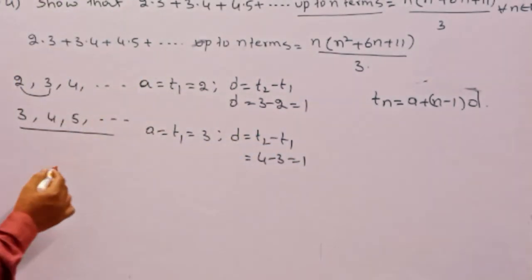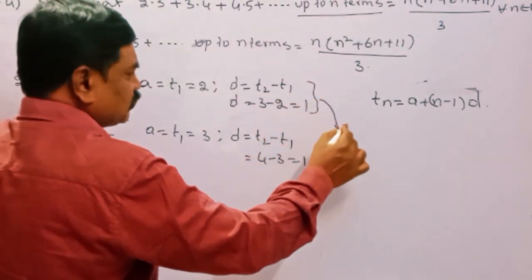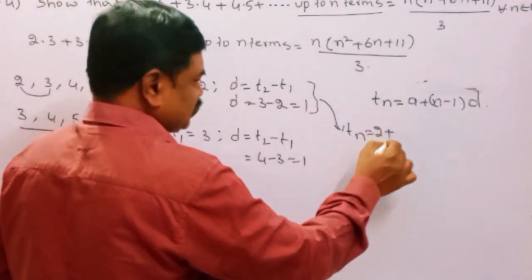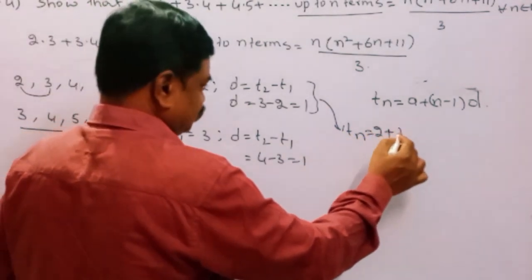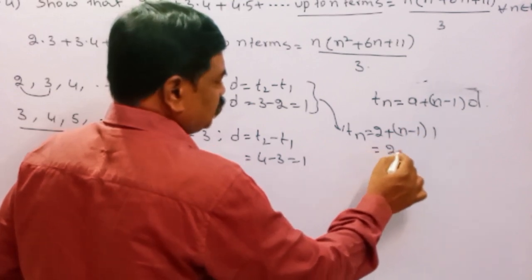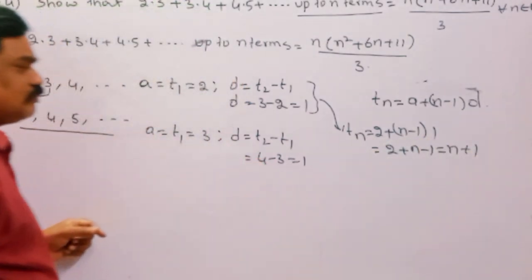We have to find first the nth term. Tn is equal to 2 plus n minus 1 into 1, which is 2 plus n minus 1, equal to n plus 1.